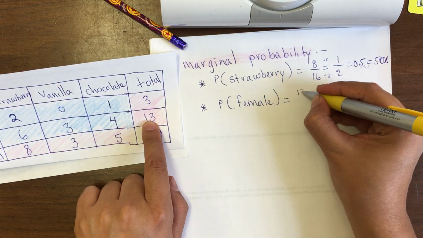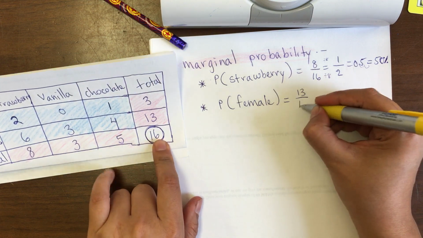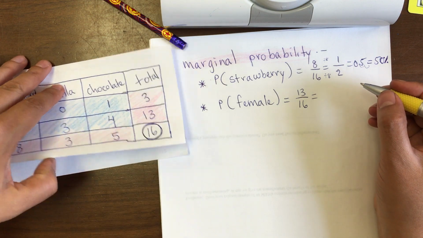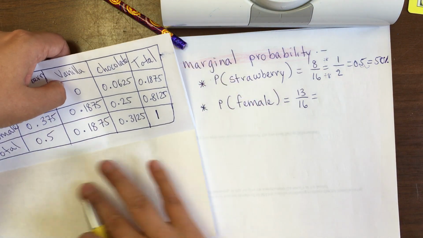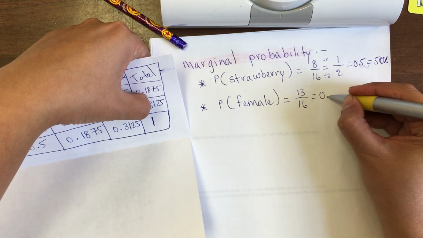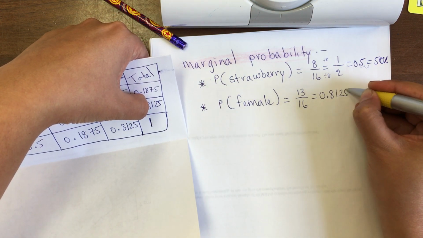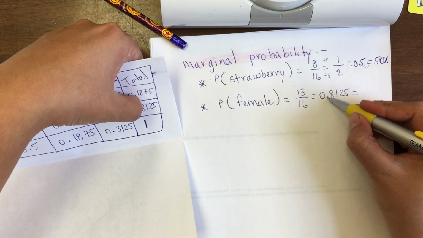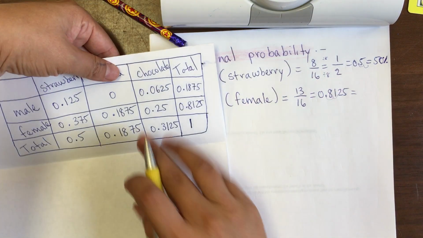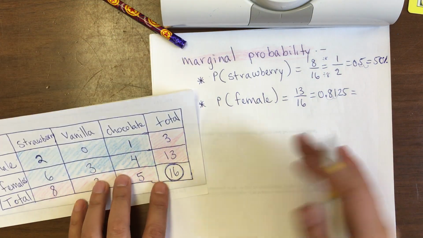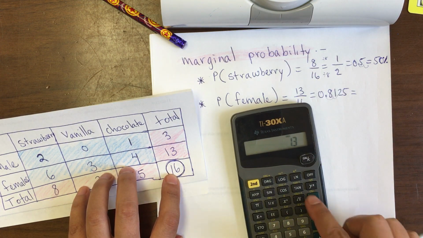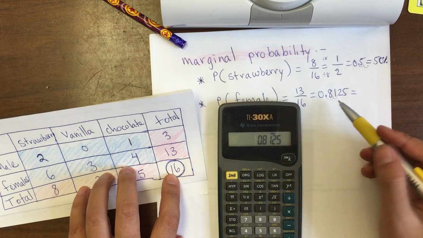So it will be 13 out of the total of 16, which, if we look at our relative frequency table, is 0.8125. Again, if you don't want to look at this table, you can just divide 13 by 16 on your calculator, and you get the same number.